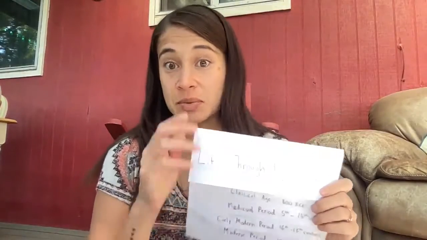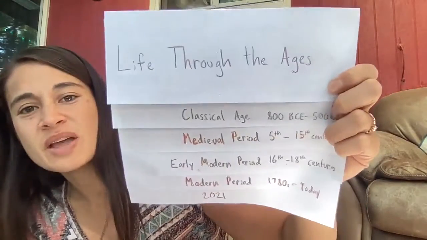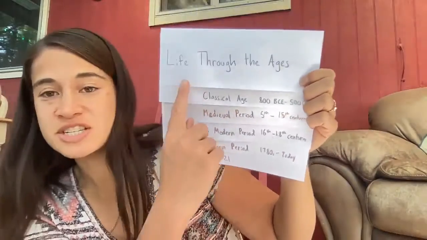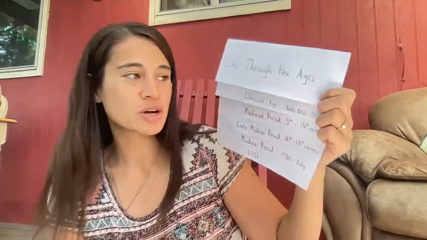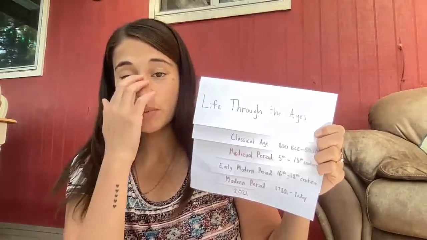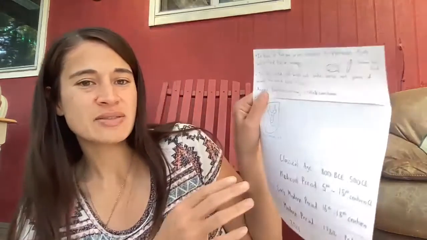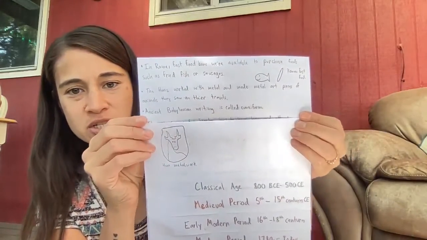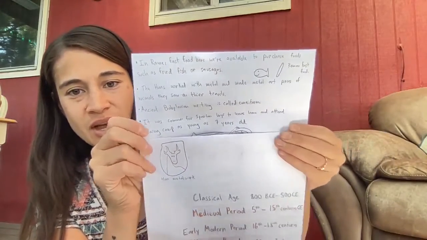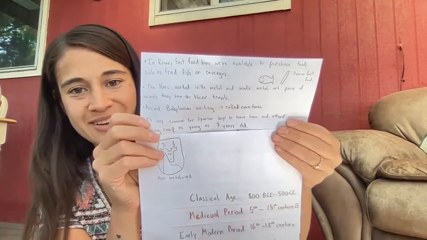So here's my example, and it's definitely not perfect, but life through the ages, divided into the same time periods as this book so that you can use this book. And that way you can go through the book and find maybe 4 to 5 facts on each time period. And the students can write their facts, maybe draw a few pictures. I kind of messed up here.